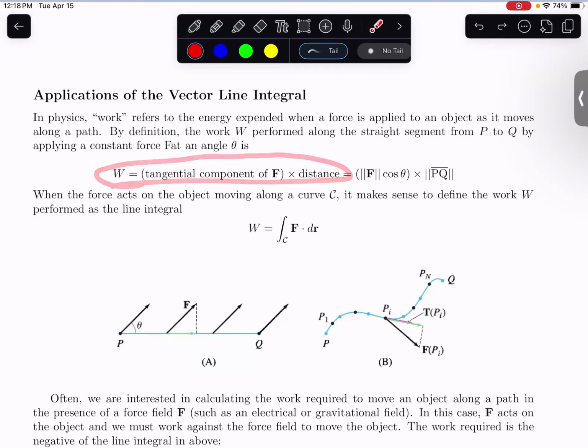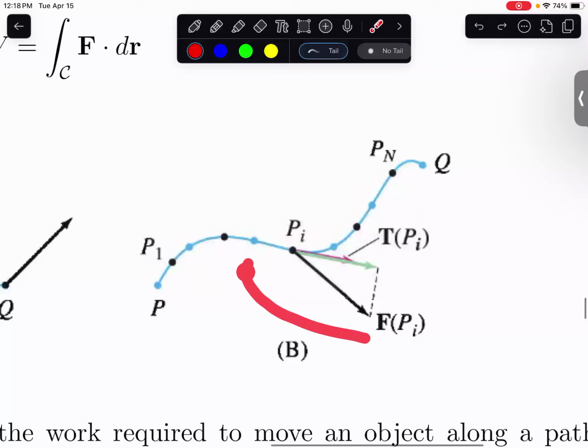It's going to be the tangential component of F multiplied by the distance. I talked about the tangential component of F yesterday. In mathematical terms, it's the projection of your vector F on the unit tangent vector at your point P, like we have here. This is probably a better picture to look at, this part right here.